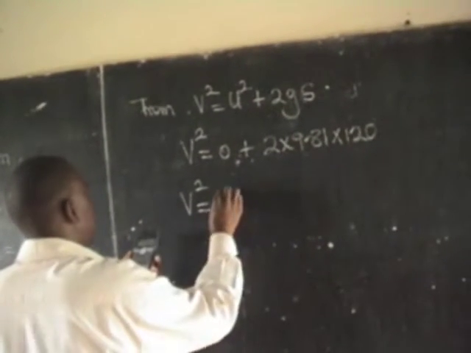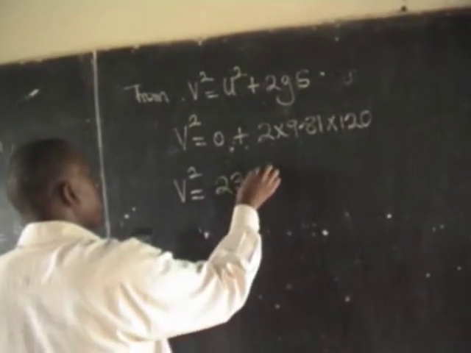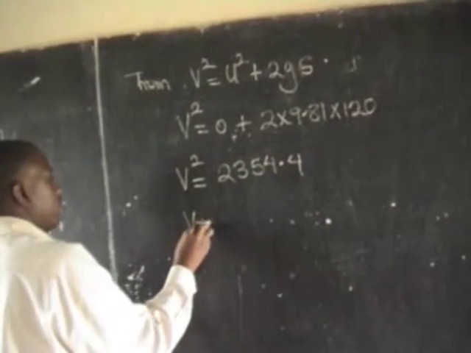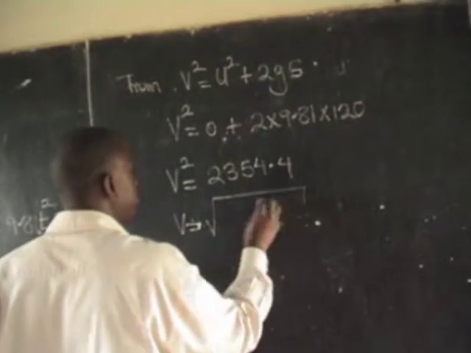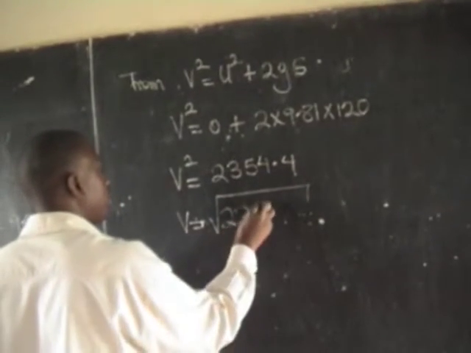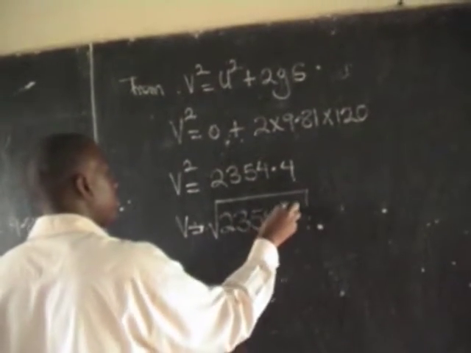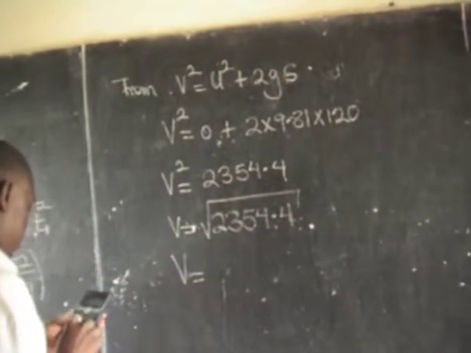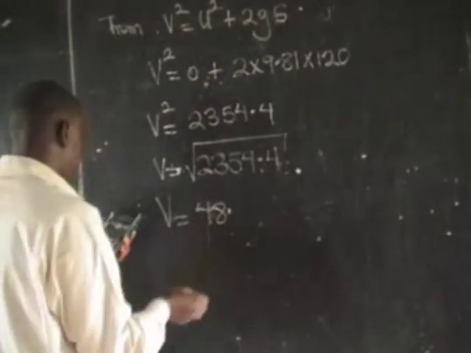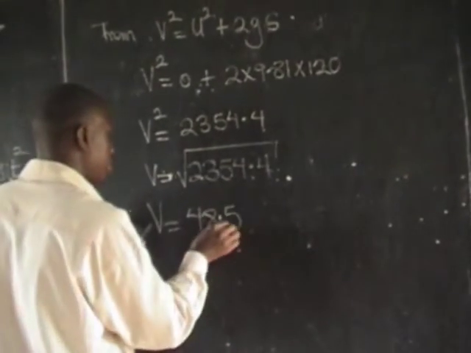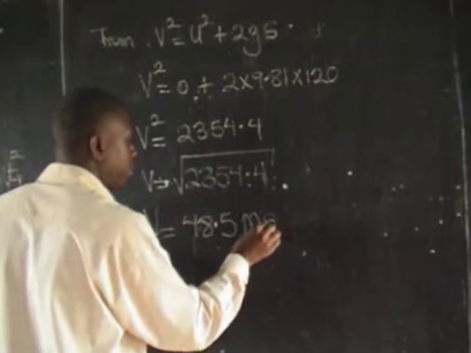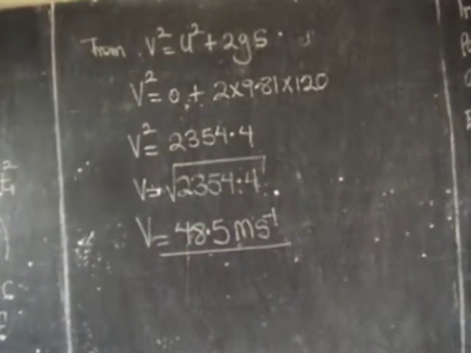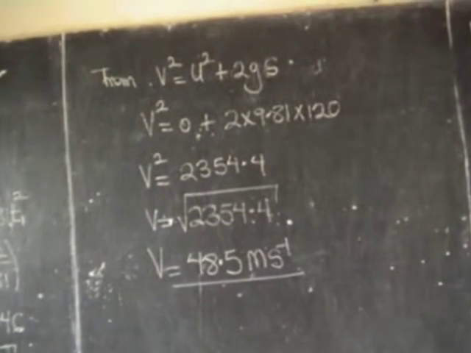So this is 2354.4. From there, the square root of 2354.4, so we shall get about 48.5 meters per second. So that is the velocity with which the body will hit the ground.